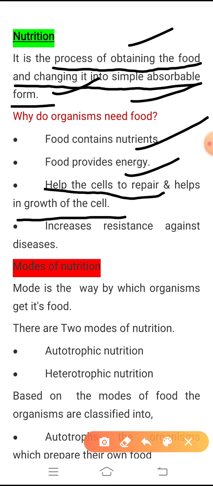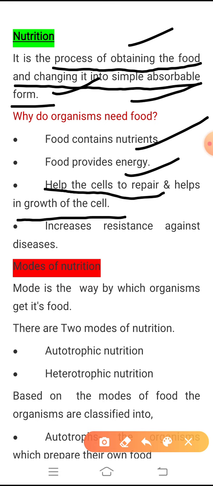That is, the cells start growing. The food also increases the resistance against diseases. Means if your immune system has to become stronger, to fight against diseases, then what happens? You have to take healthy, nutritious food.